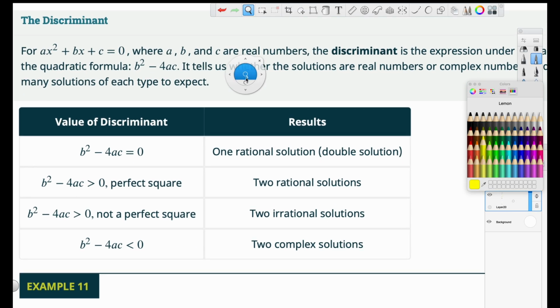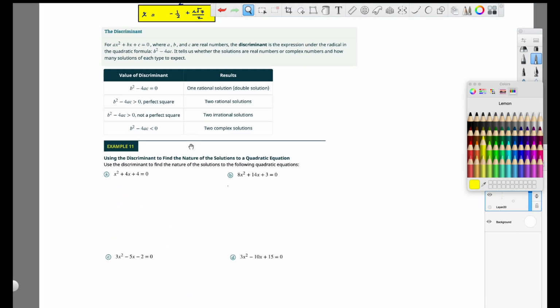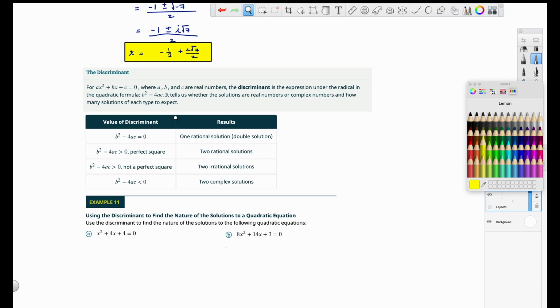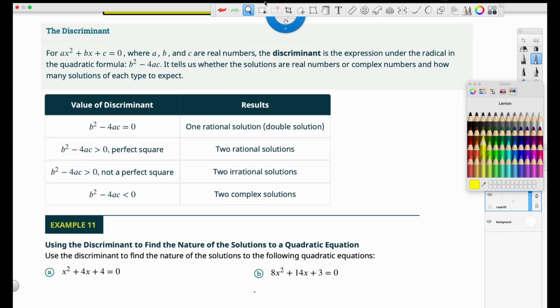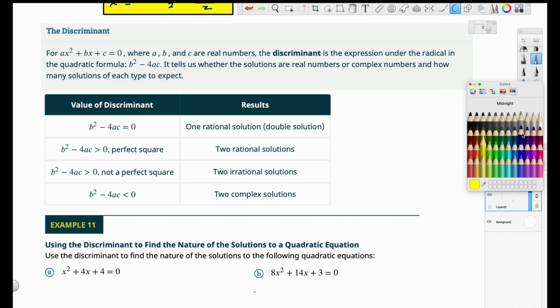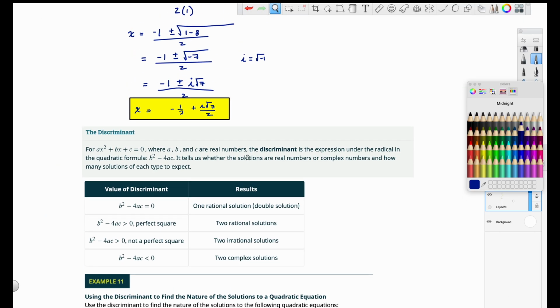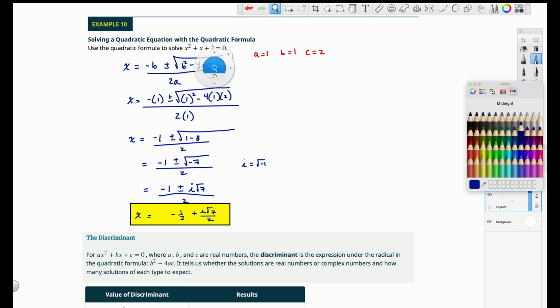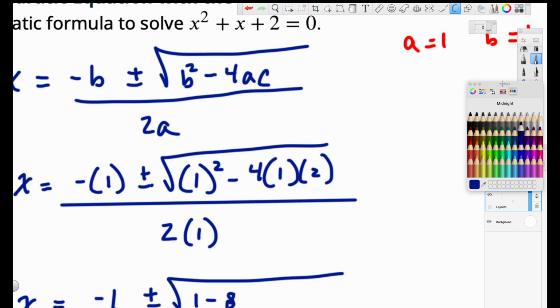Okay, so the last thing that I want to talk about here, we have one more example, but I have to talk about a new term and its characteristics, the discriminant. So the b squared minus 4ac that we just talked about in the quadratic is this part right here.